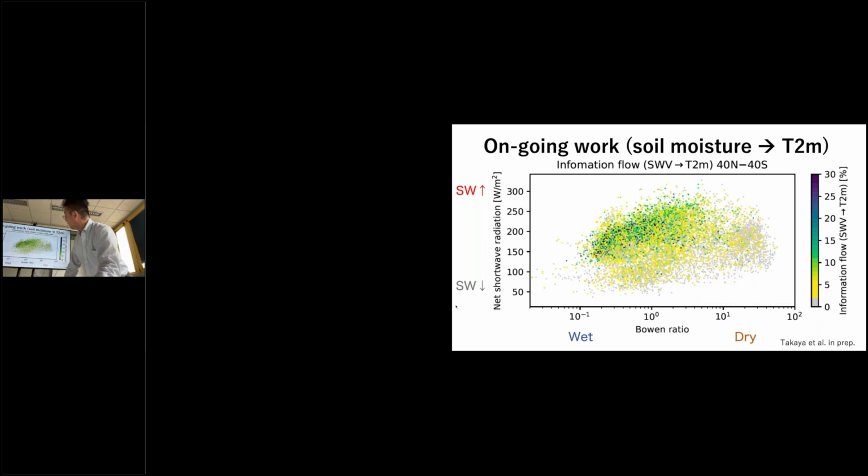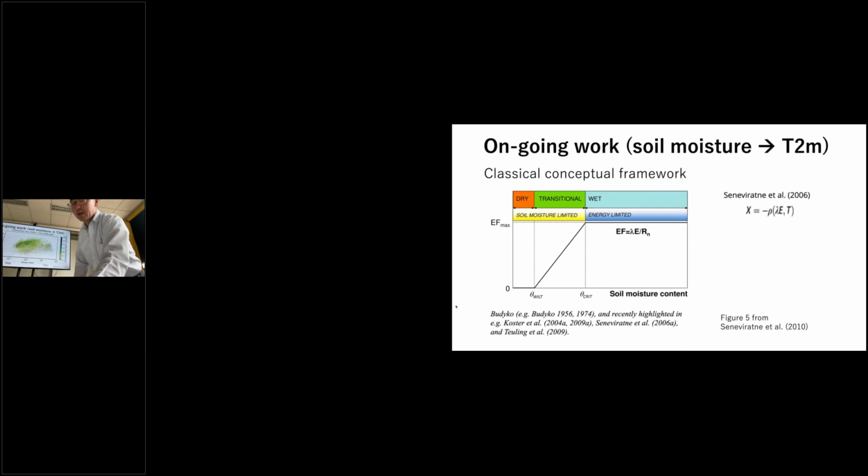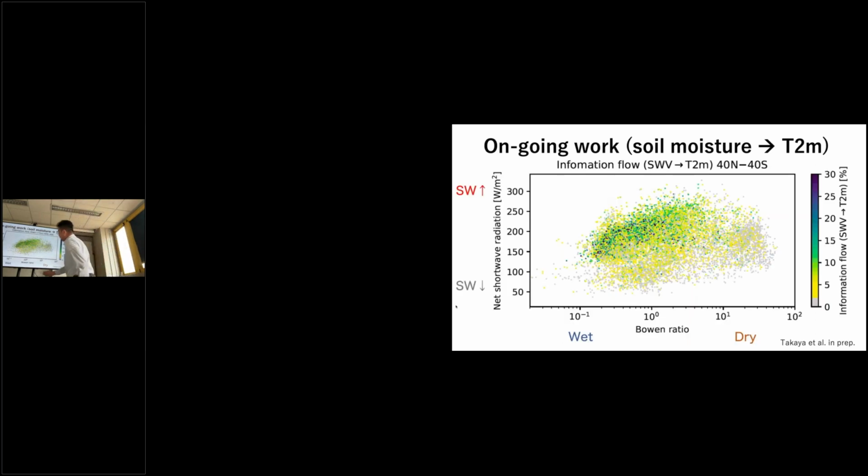So with this diagram, I would like to propose to renew the diagram as shown in the previous studies. And interestingly, in the very wet region, we still have some soil moisture 2 meter temperature.